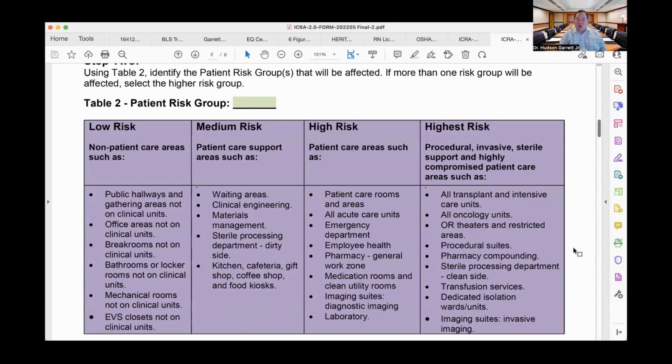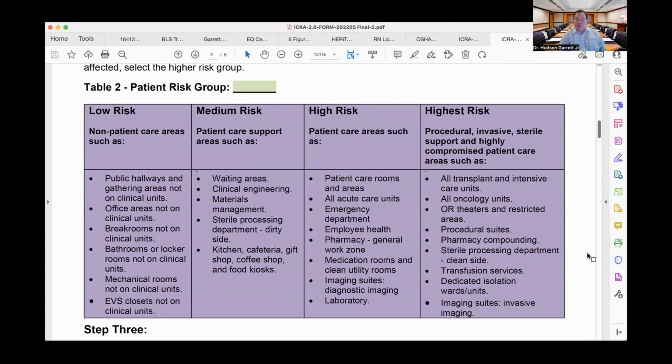Now let's go down and look at, based on what you said, this was going to be a mother-baby unit directly adjacent to our NICU. So would this be a low risk, a medium risk, a high risk, or a highest risk based on the ICRA 2.0, based on your interpretation? My interpretation is it's going to be high risk or highest risk, because we tend to consider the babies as particularly at risk.